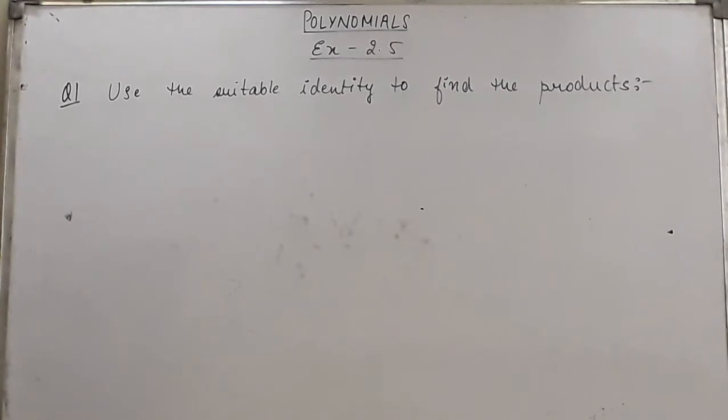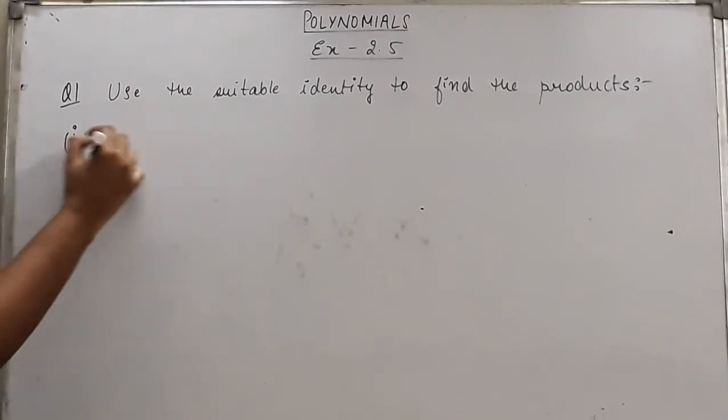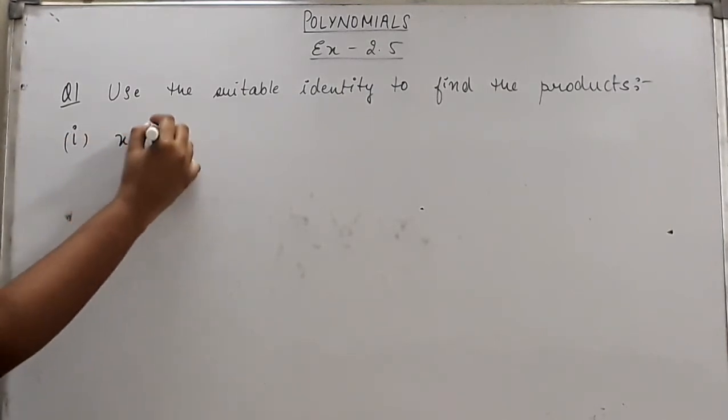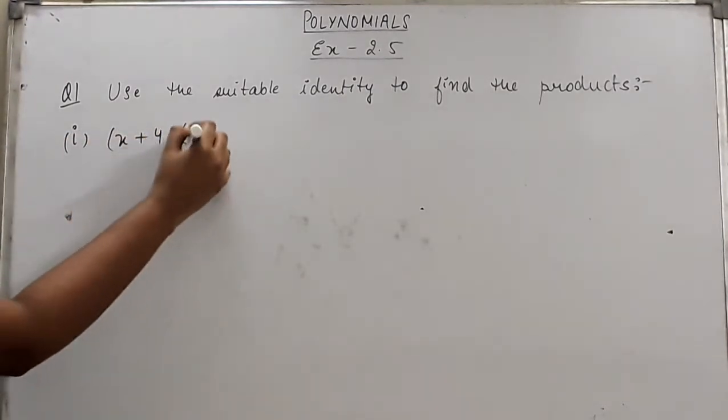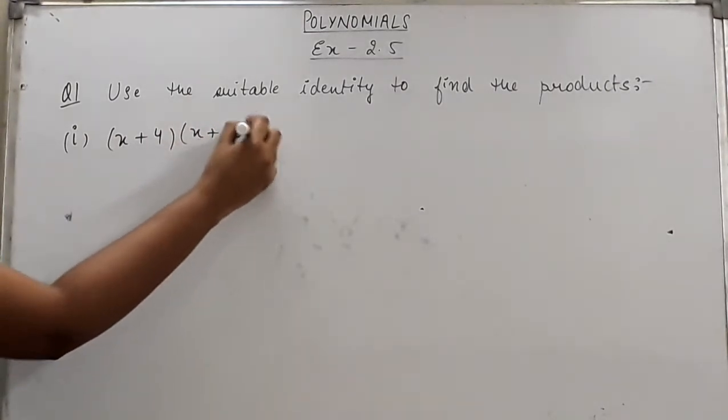Question number 1. In question number 1, you are going to use the suitable identity to find the answer. Your first part is (x + 4)(x + 10).